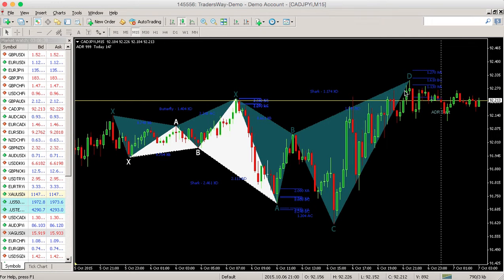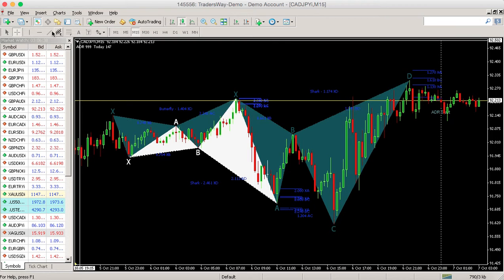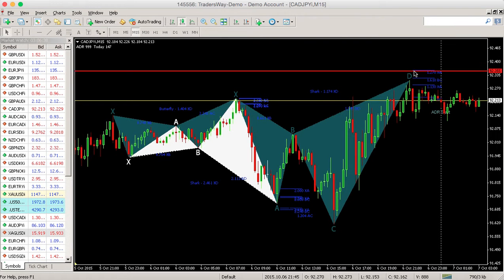So, typically when I get a signal or whenever I get a pattern completion, I would normally put my stop loss right here, because this is the last possibility of places where it might retrace based on the slope that the pattern calculated. I want to put it at the highest place.